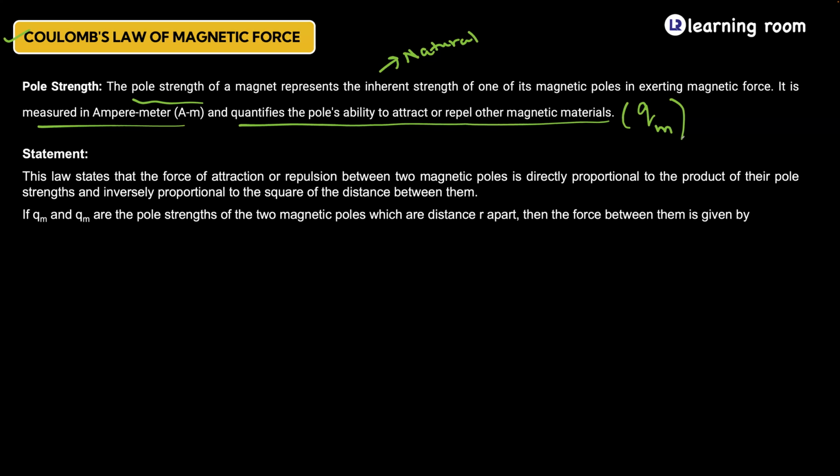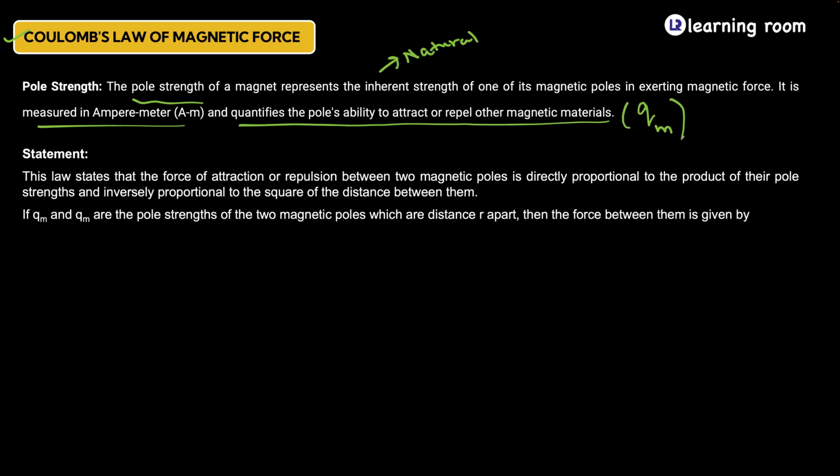First, we say that it is directly proportional to the product of the magnitudes of the charges, and inversely proportional to the square of the distance of separation between them. Same logic is applicable. The only difference is there we speak about charges, because the magnitude of charge decides the extent to which it can attract or repel other charges.